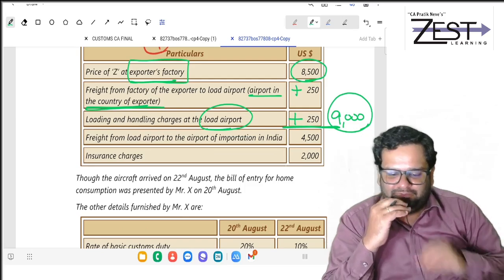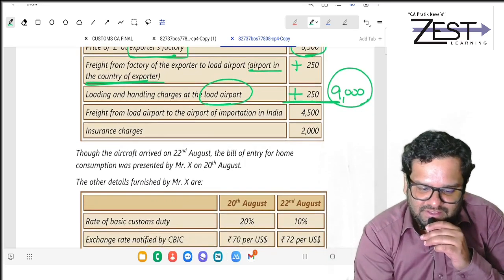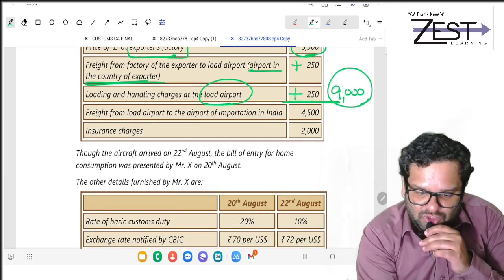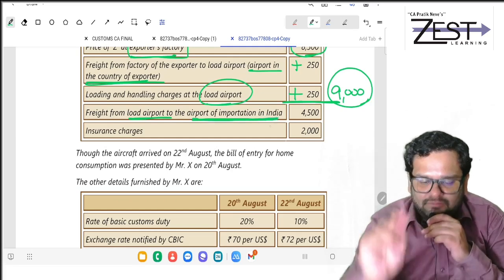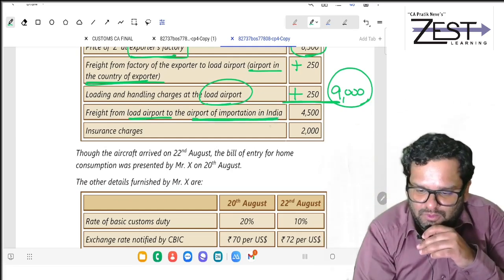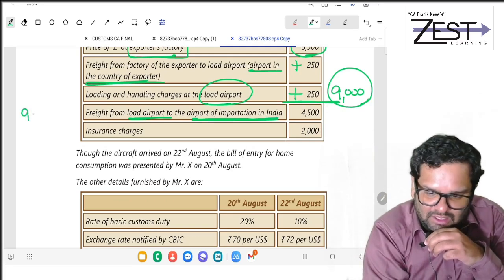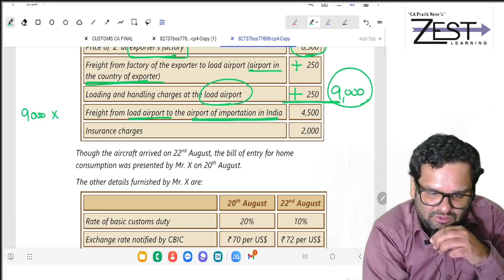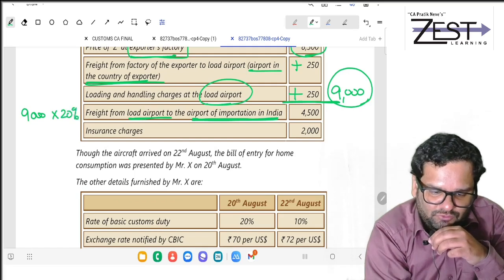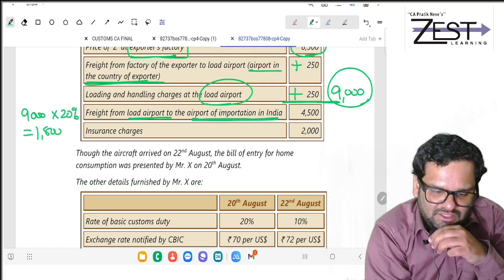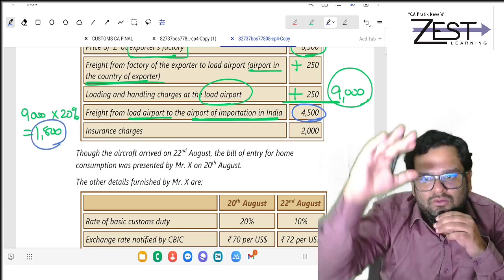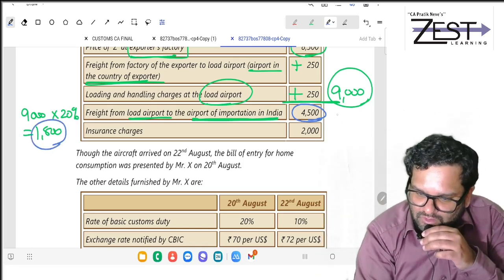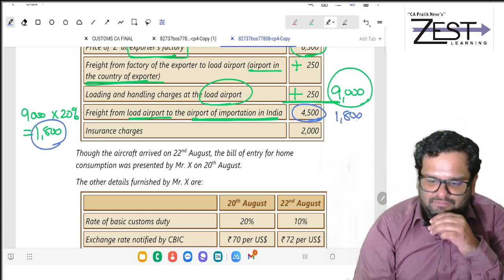Now friends, freight from load airport to airport of importation in India, from exporter's port to importer's port. But you can't take 4,500. You have to restrict it to 20% of FOB, which is 1,800. So you will take actual or 1,800, whichever is lower.